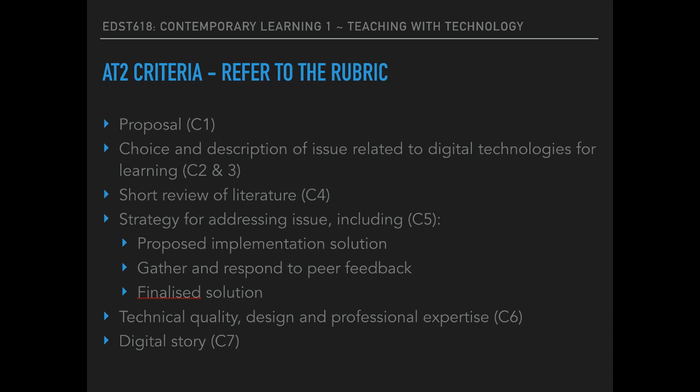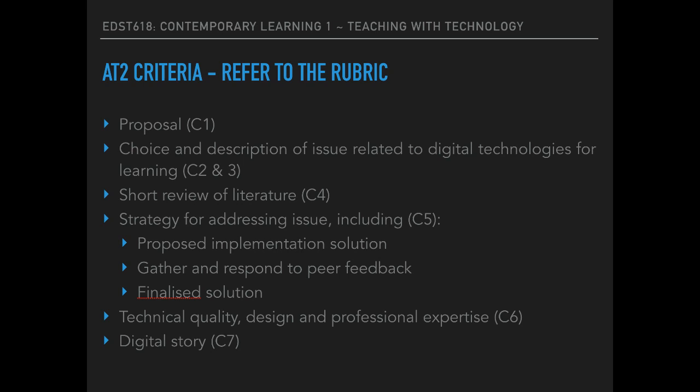This is criterion number 5, and here I've given you 3 sub-criteria about how you might address it. It's about the proposed implementation solution, the way that you gather and respond to peer feedback, and the way you develop the final solution.